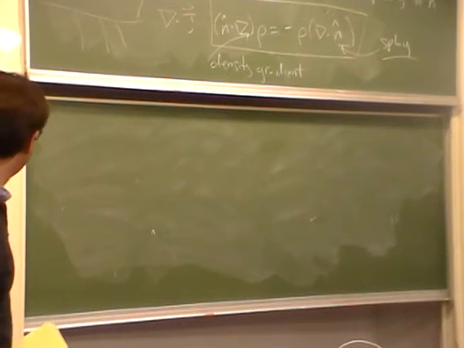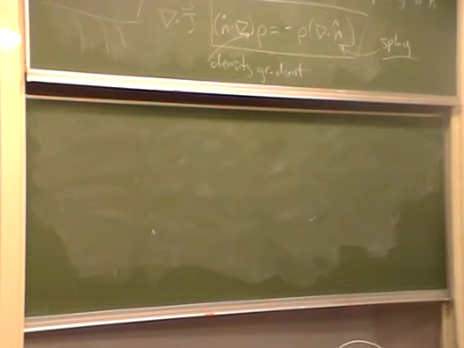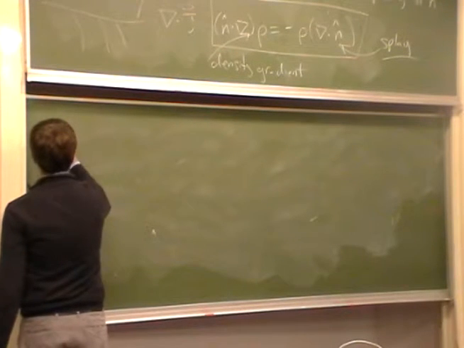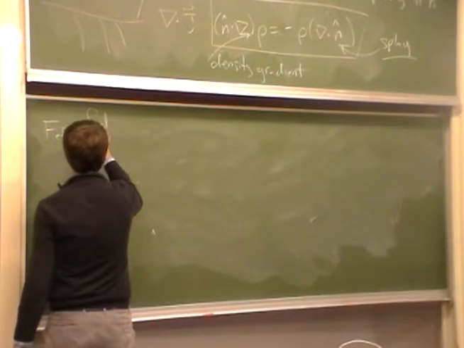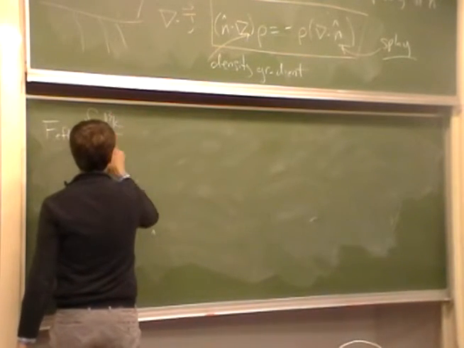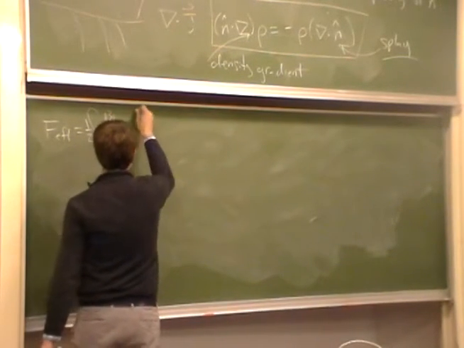Good. Okay, so all I'm going to do is take the Frank energy plus the liquid energy with this bulk compressibility term, and squish them together. So F effective is now 1/2 times the sum over all these Fourier modes.